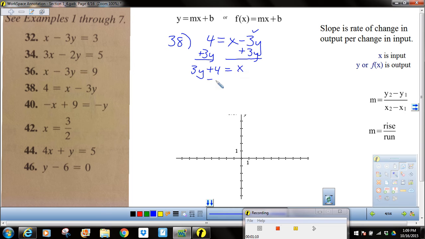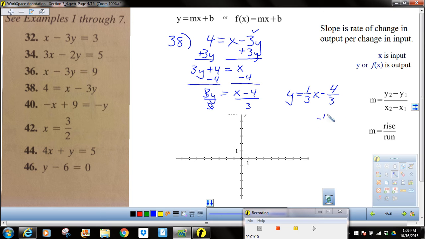Then we're going to -4 on both sides. Then I'll divide by 3. One divided by 3 is 1/3 x, and negative divided by positive is -4/3.